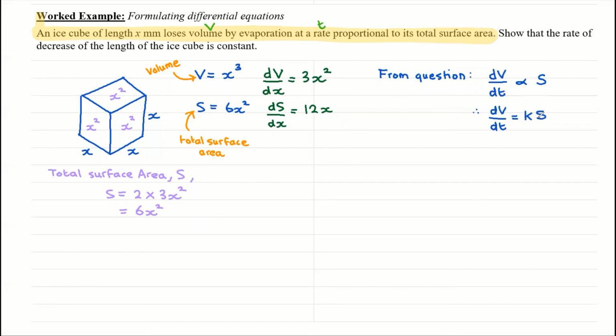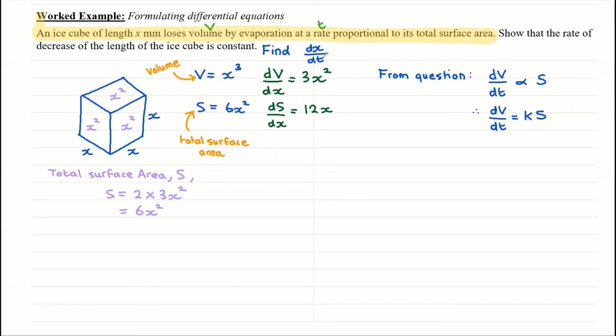Now we have something else for our summary. What we have to figure out is the rate of decrease of the length of the ice cube. So find dx by dt. And notice it says decrease. So this is suggesting that this constant k is probably a negative constant.